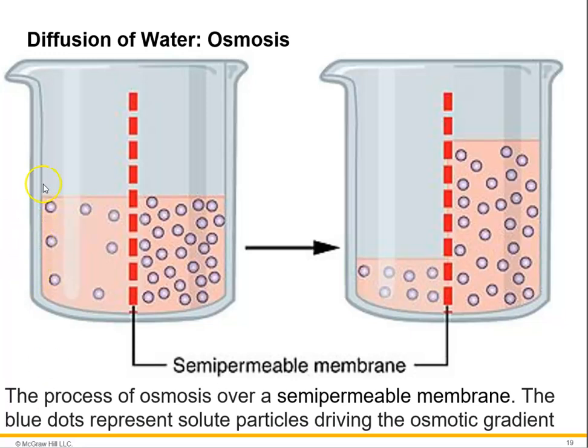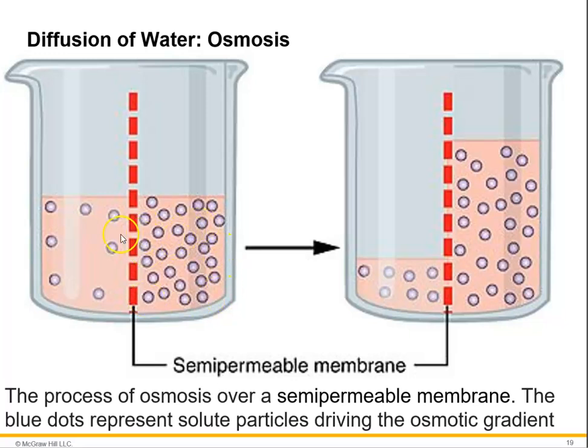All right, here in this beaker we have a semi-permeable membrane that's going to allow water to flow through, but it's going to block these solutes from moving, okay? Now you can tell on the left side here, there is relatively more water per solute, right? Than over here, there's less water per solute.